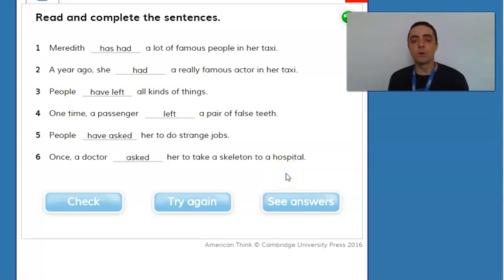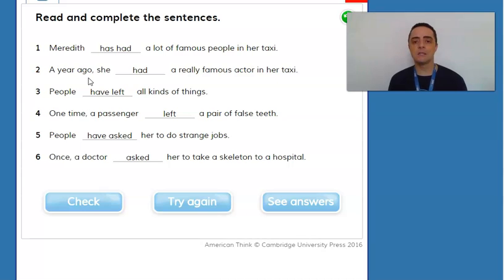As you could see, what is the main difference? We are going to use a simple past, like number 2 here, when we have a specific time. For example, a year ago. So I have a specific time. A year ago, she had a really famous actor in her taxi.